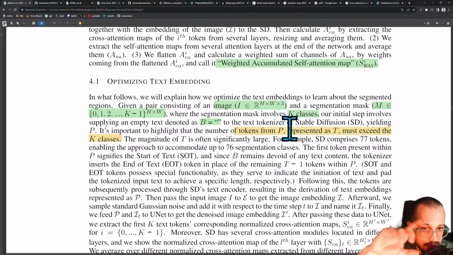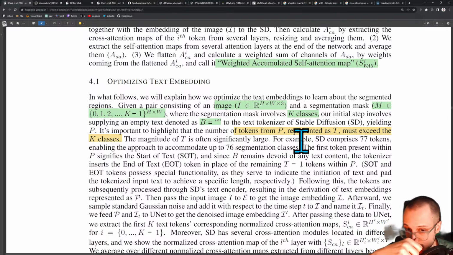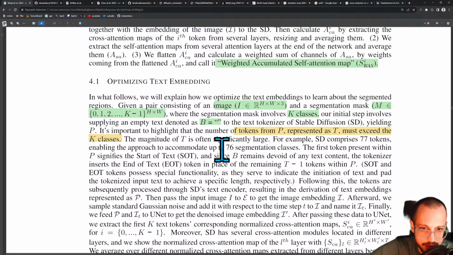It can only take a sequence of a limited length, and that means you're going to be limited by the total amount of classes that you want, because they're going to be fine-tuning this text encoder. The first token present within the P, let's actually highlight this with blue. So max of 76 segmentation classes, which I feel like is totally fine. I can't think of a real-world scenario where you need more than 76 segmentation classes.